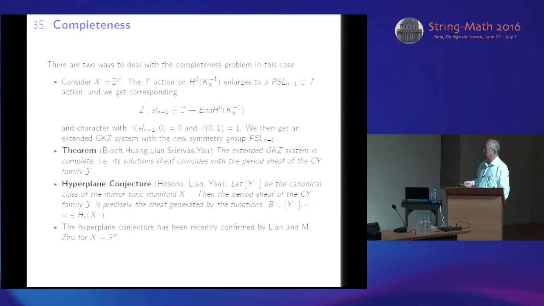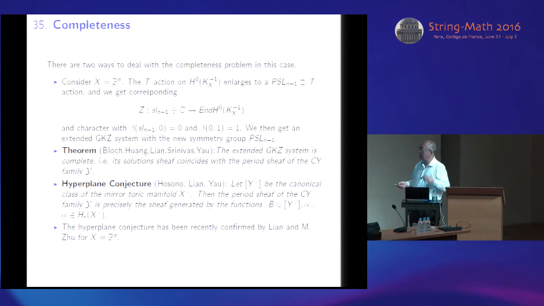So we make a conjecture which was solved in some special cases. Let Y hat be the canonical class of the mirror toric manifold. Then the period sheaf of the Calabi-Yau family itself is precisely the sheaf generated by the functions B cup product with Y hat, acting on alpha, paired with alpha, where alpha belongs to there.